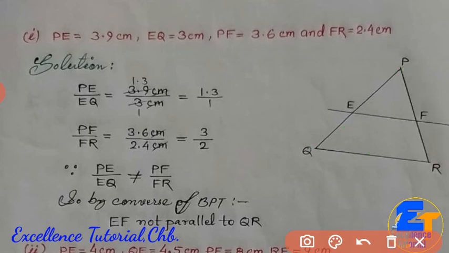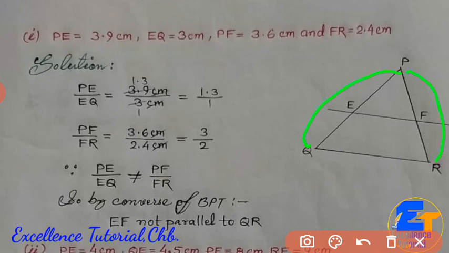So how will you check? When a line becomes parallel to one of the sides of a triangle, recall the converse of BPT. A line will become parallel to any one side of a triangle if the same line divides the other two sides in equal ratio. That means we are going to check whether the ratio of this side is equal to the ratio of this side or not.